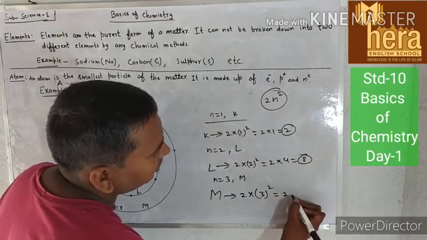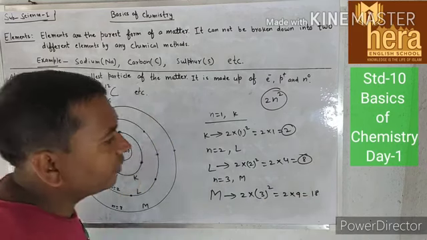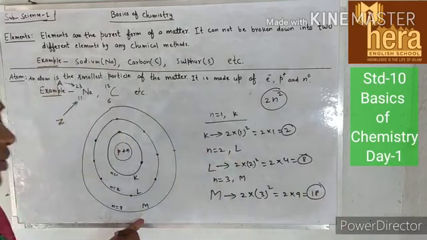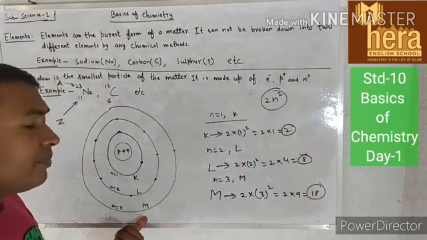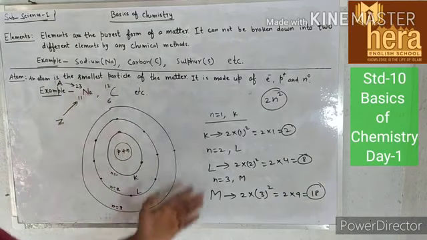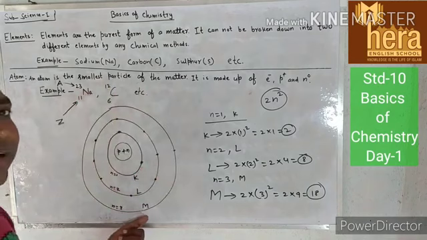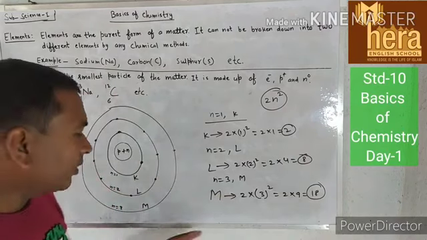This will be 2 into 9, that will be equal to 18, and so on. It means the M shell can contain a maximum of 18 electrons, but there is some rule to hold a maximum of 18 electrons that you will study in higher standard. Okay.